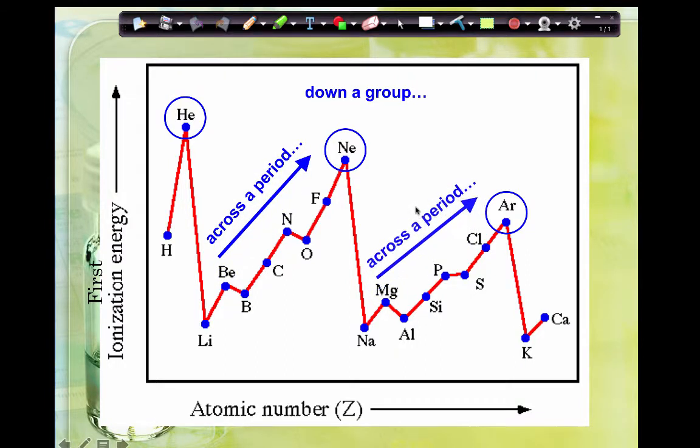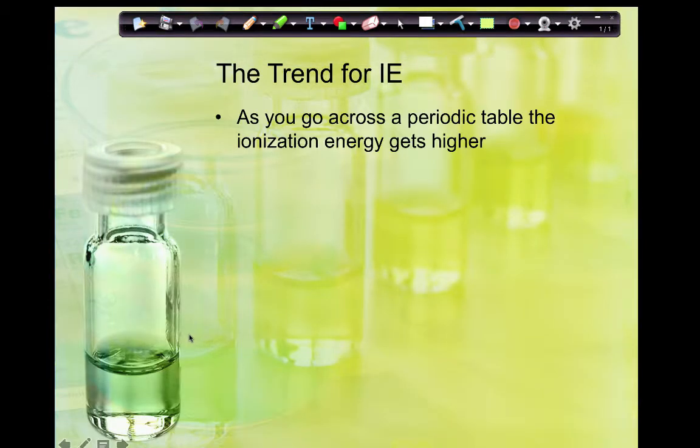Then I'm looking at this trend where I go from lithium to neon. If I look at where those are on the periodic table, lithium to neon would be the second row of the periodic table. So across the period, it's going up. As I go across the period, the trend is that the ionization energy gets higher. It takes more energy to remove that first electron.